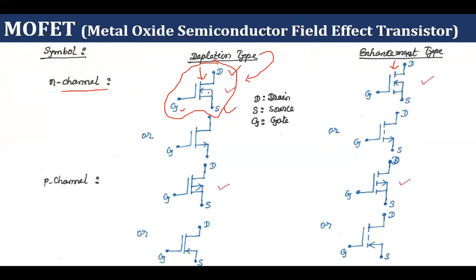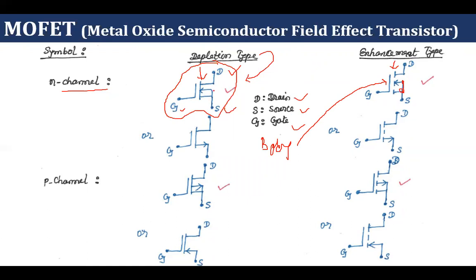Now how will marking happen? Arrow marking, so that we can recognize whether this symbol is N channel MOSFET or P channel MOSFET. So basically, MOSFET is having four different regions: drain region, source region, gate region. Apart from that, it is having body region. But in nearly all the devices, body is short circuited with the source, as shown over here.